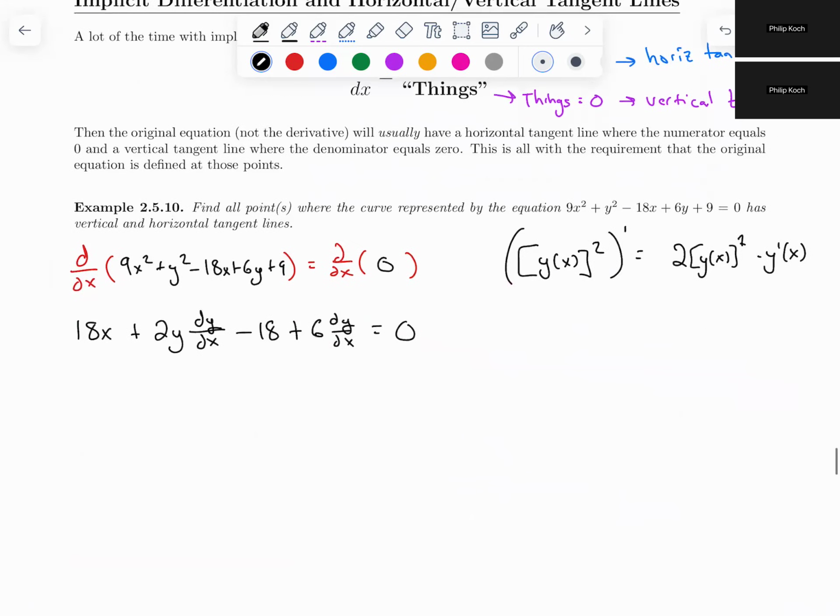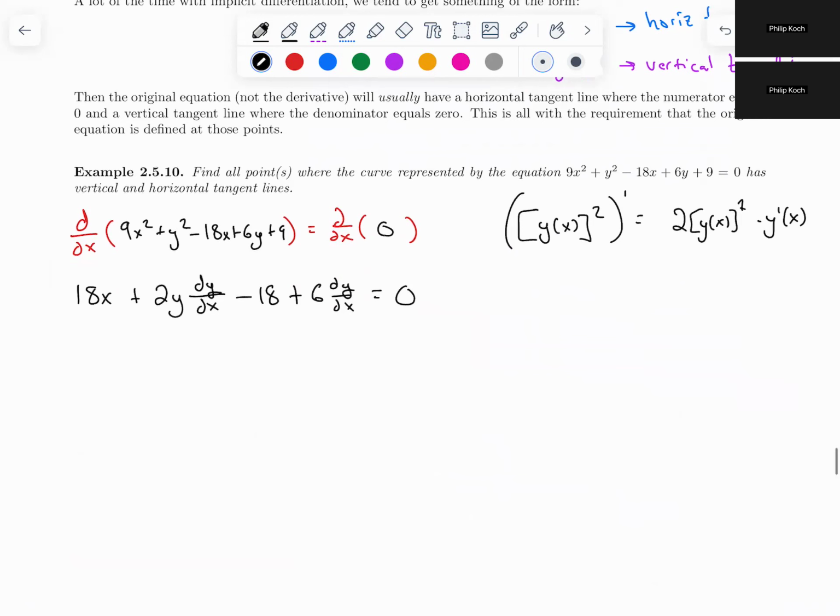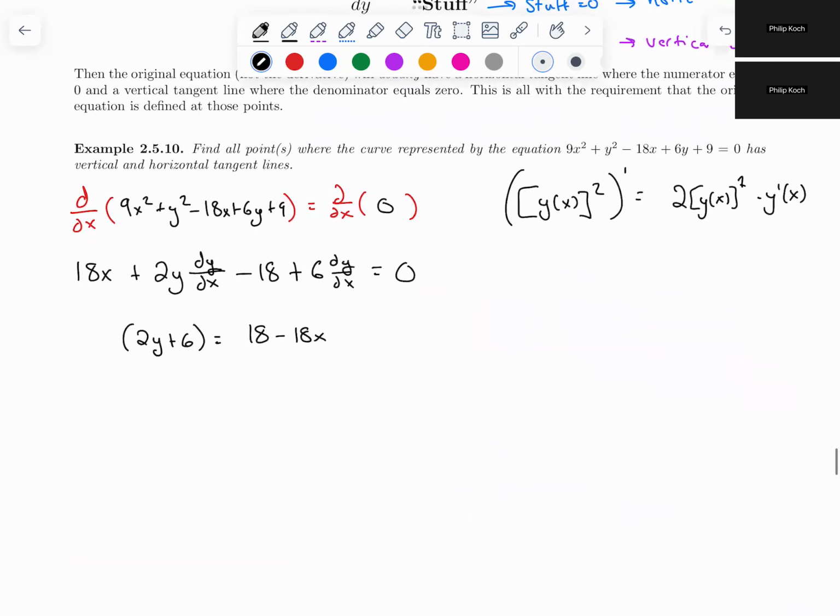Yes. And so the next thing we do is isolate the dy/dx terms from the non-dy/dx terms. We get parentheses 2y plus 6 is equal to 18 minus 18x. So that tells us that dy/dx is equal to 18 minus 18x over 2y plus 6. And yes, we could simplify it.